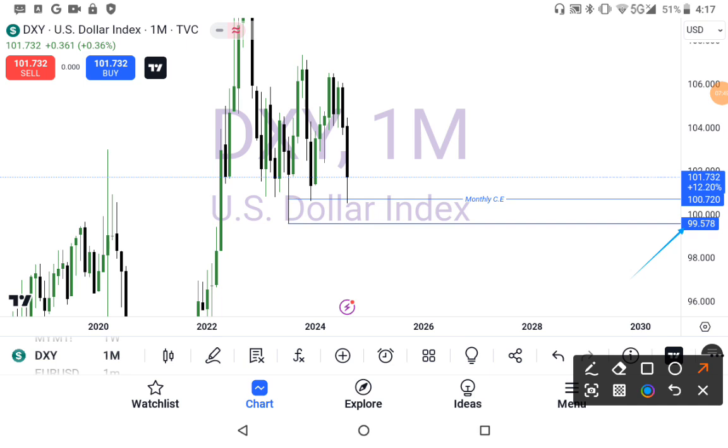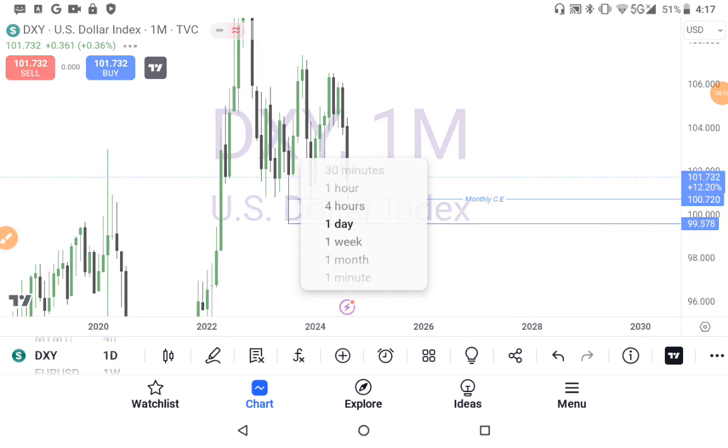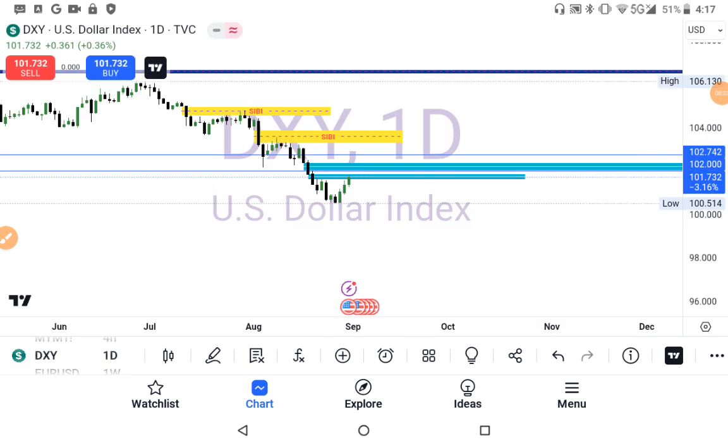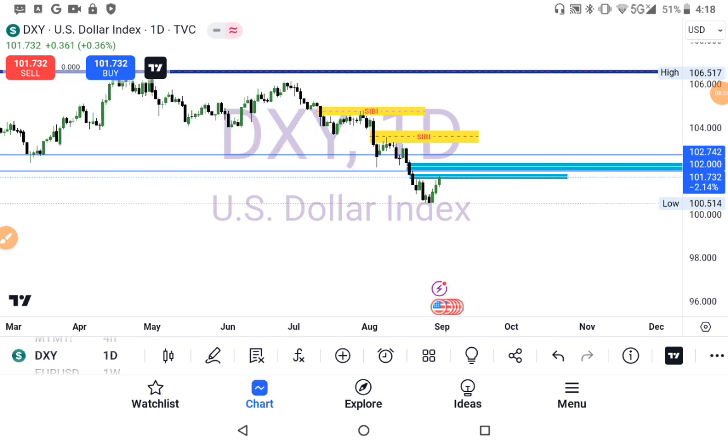Then if we see a kind of continuous upward movement, I will drop the idea of the market trading down into 99.578. That is that. But when the dollar index market opens on Monday, which is tomorrow, then we have a clearer picture before Friday, inshallah.